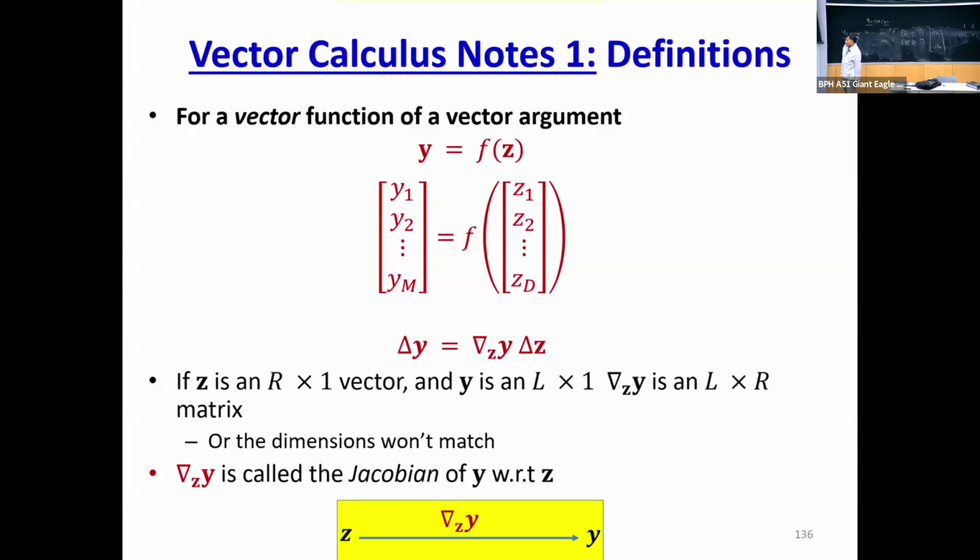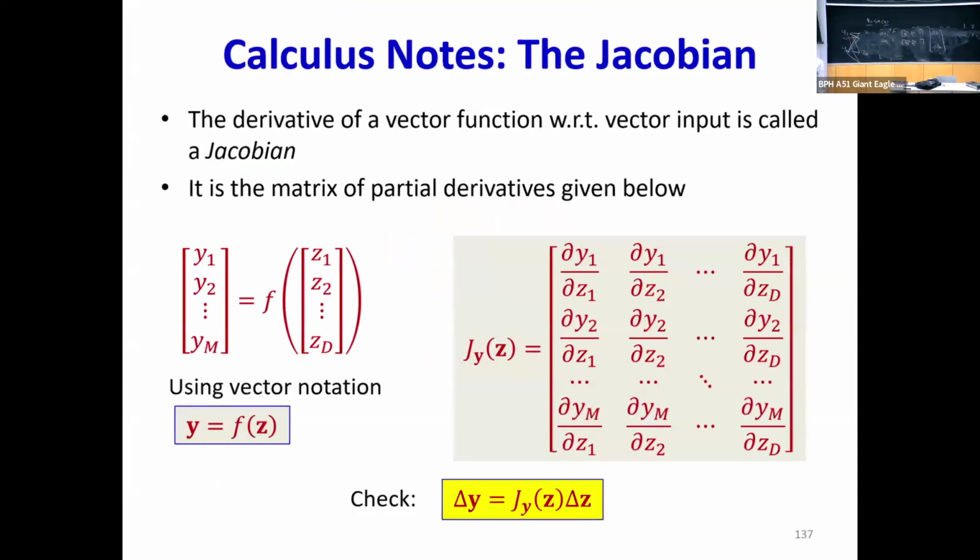Right? And so the whole thing now just becomes this. Now that vertical stacking of derivatives becomes a matrix. That matrix is called a Jacobian. There's nothing magical. Our formulation didn't change. Delta y still equals the derivative times delta z.